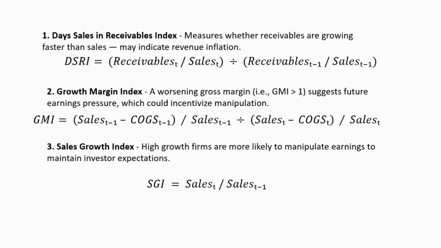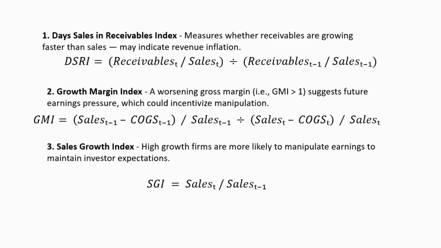For example, if you are calculating the M-score for the year 2000 of Enron's statements, then year 2000 will be T, and T minus 1 will be the previous year, 1999. This is an example. T is the current year, T minus 1 is the previous year.